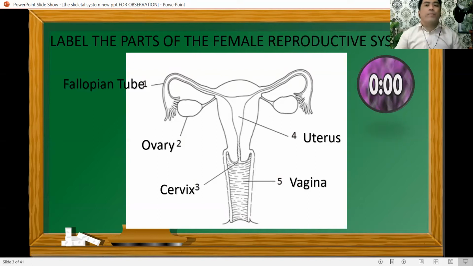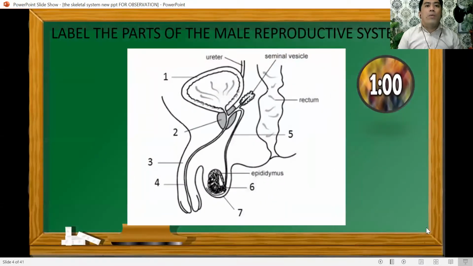Okay po. Next po, let's proceed to the male reproductive system. So, kagaya nung nauna, you are going to label the parts of the male reproductive system. So, I will give you 1 minute again to answer or to label the parts of the male reproductive system.